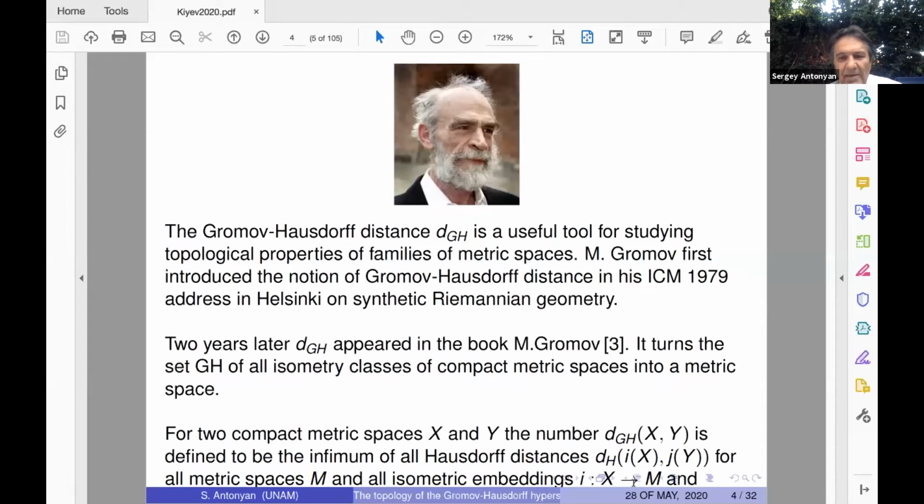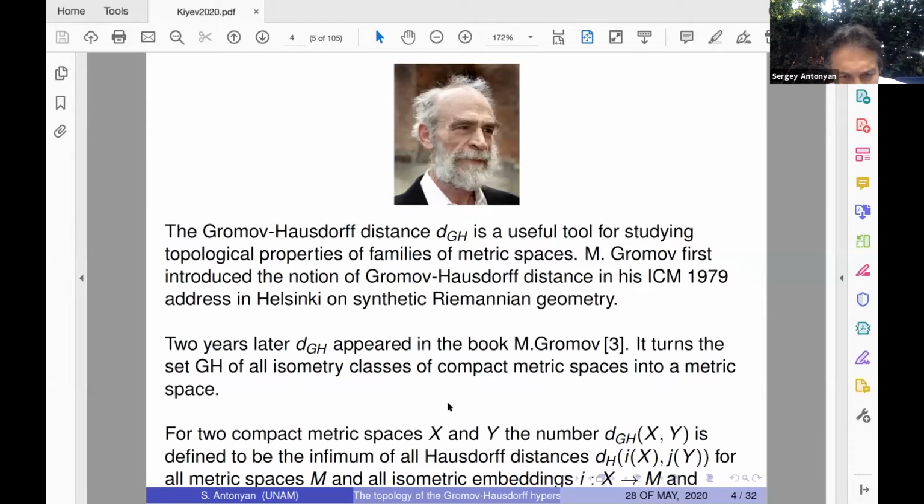Then i(X) and j(Y) become compact subsets of the same metric space, and we can measure the Hausdorff distance between them.